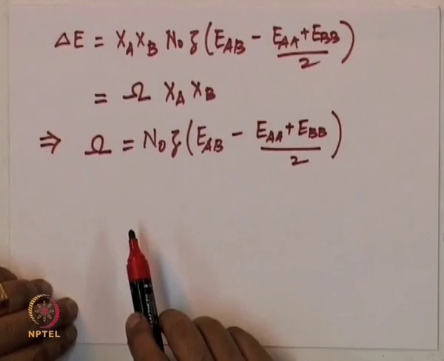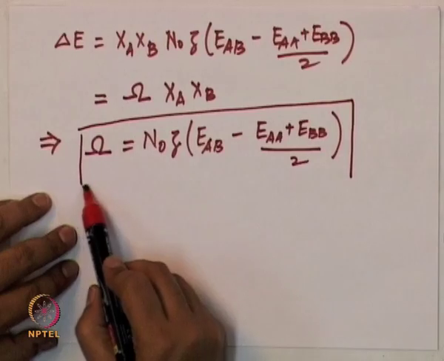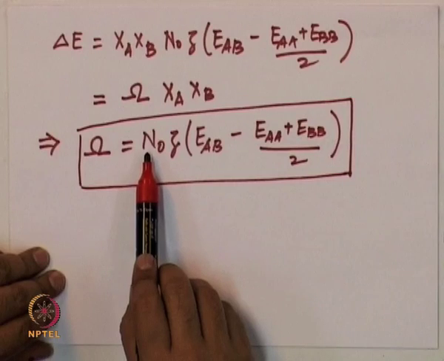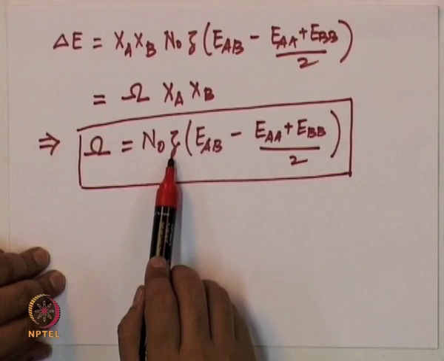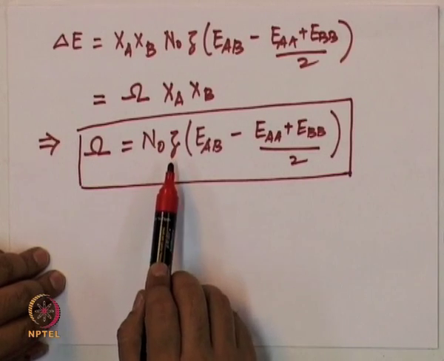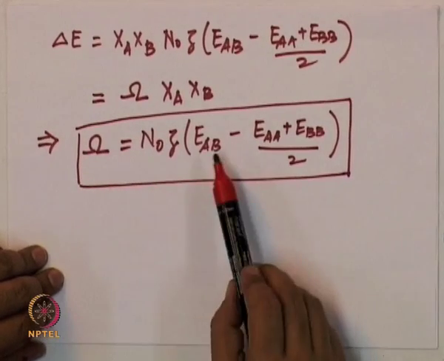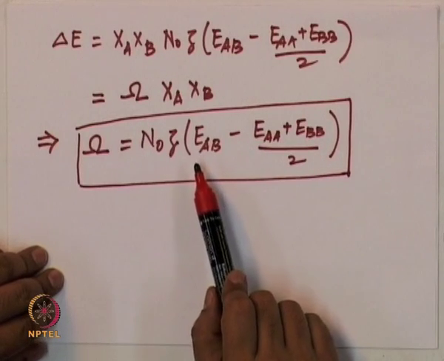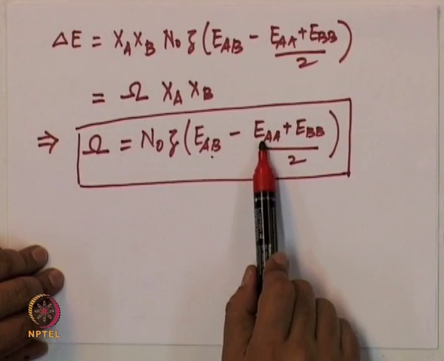So this is how the regular solution parameter is related to the Avogadro number, and the number of nearest neighbors in the given crystal structure, which could be 6 or 8 or 12 depending on what type of cubic system you are assuming. And this is nothing but, on average, how costly or cheap an AB bond is with respect to AA and BB bonds.